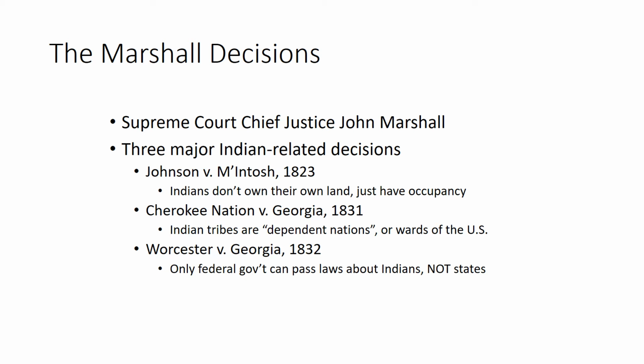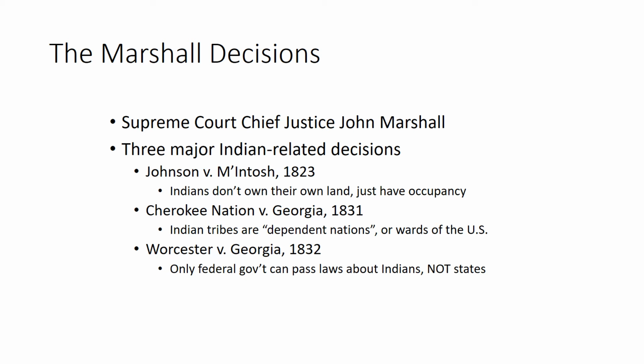Georgia, for example. Georgia passed a bunch of laws that refused to recognize the sovereignty of the Cherokee Nation because they were inside the borders of Georgia, and Georgia is a sovereign state, and they control everything within their border.